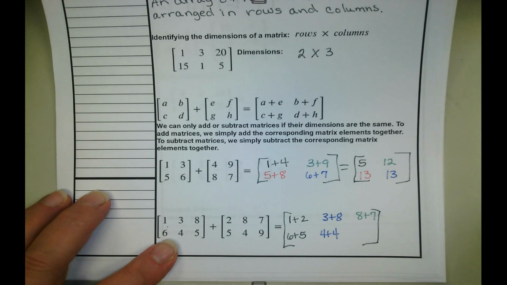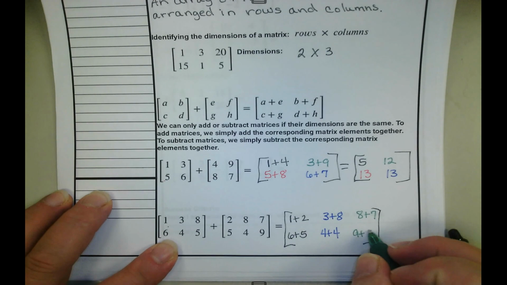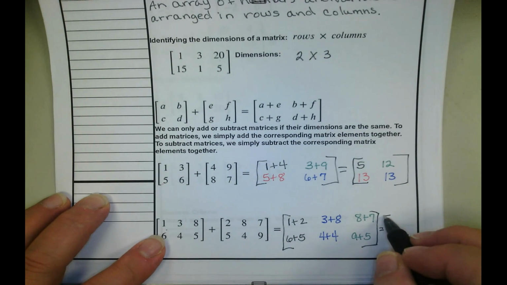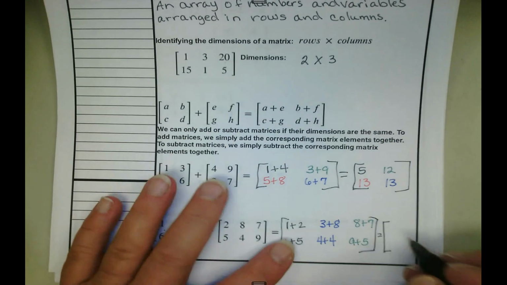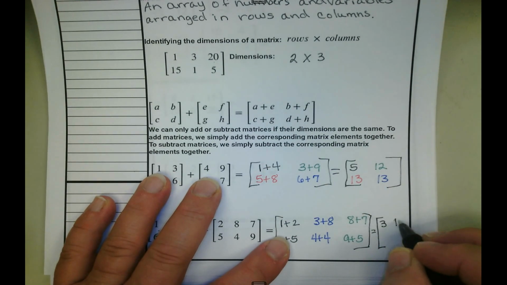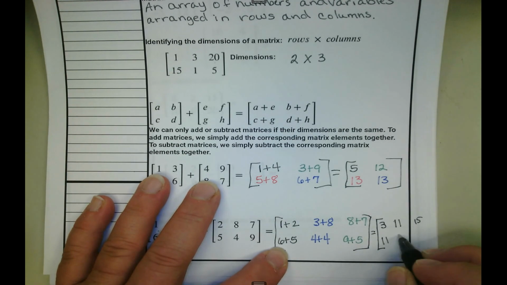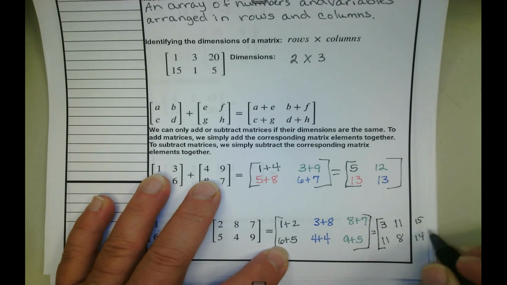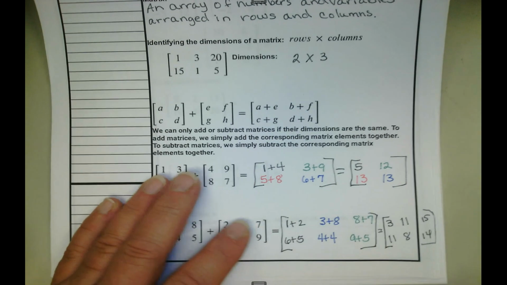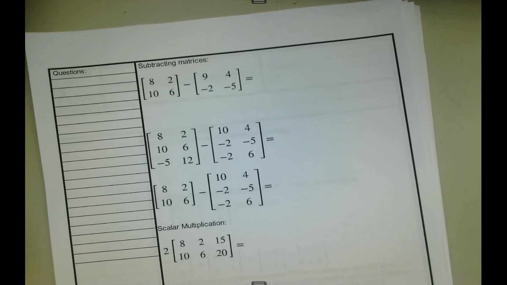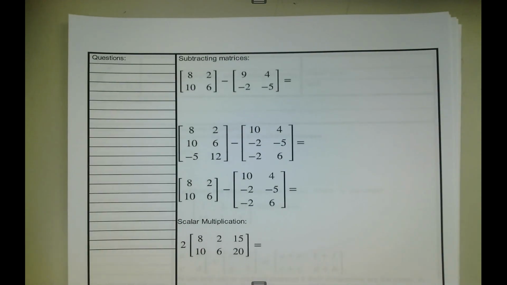And 9 plus 5. Okay, so this is going to be 3, 11, 15. 11, 8, 14. And that is your new matrix.